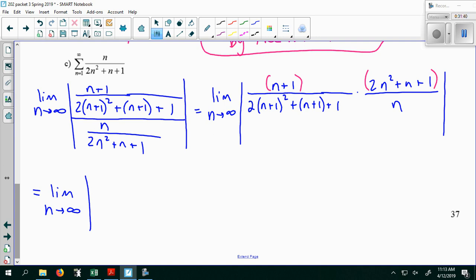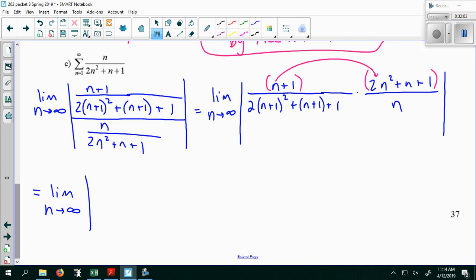What's the leading term going to be after you multiply those together? You don't have to multiply every single thing together to figure out what the leading term will be. 2n cubed, yeah. When you distribute this n to the 2n squared, you get 2n cubed. And that's going to be the highest power of n that appears anywhere in your multiplication.